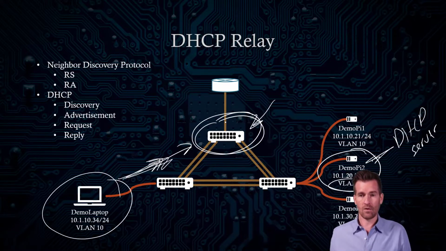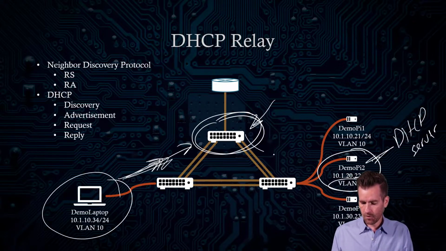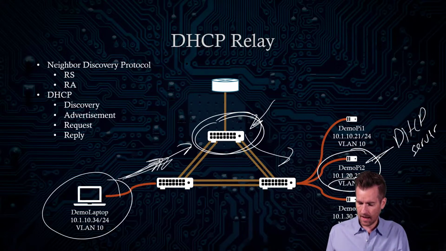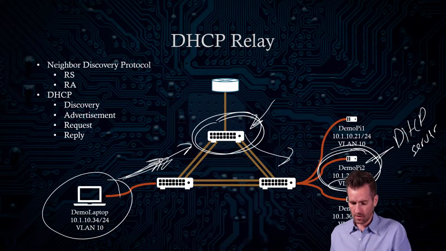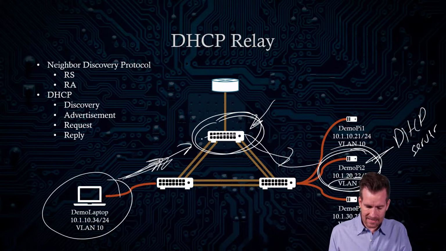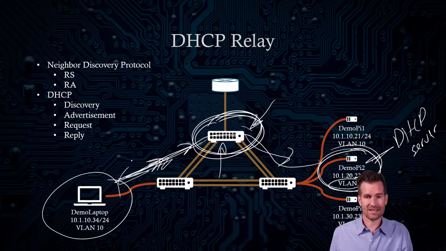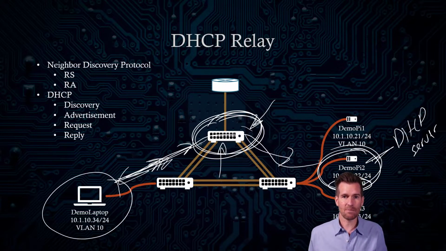This layer 3 device will then take that request and forward it on, and it could be in a very distant network. In this one, it happens to be a locally connected network, but it could be in a whole other location. Then it sends the information back to this switch right here, and this switch then sends it to the demo laptop. So that's how this communication happens across here.